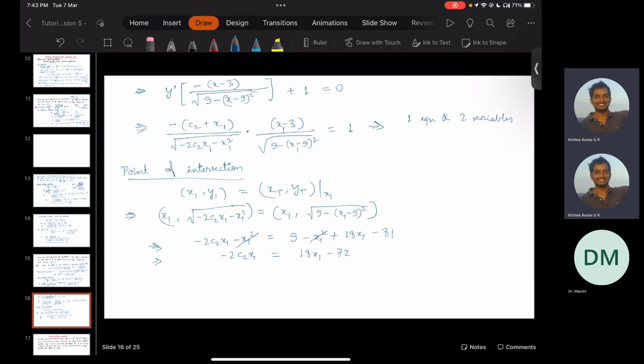So we have two equations and two variables. So it's our additional equation. Okay, additional equation. And mind one more thing: this term is equal to this term.